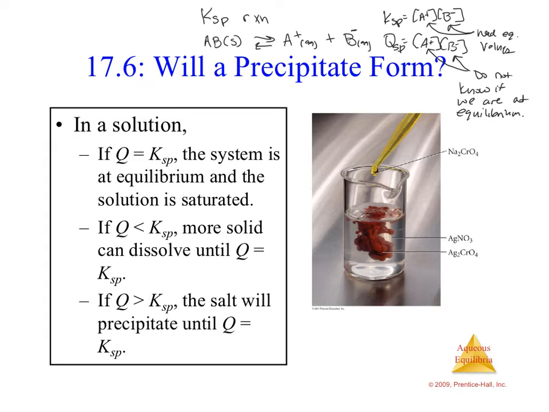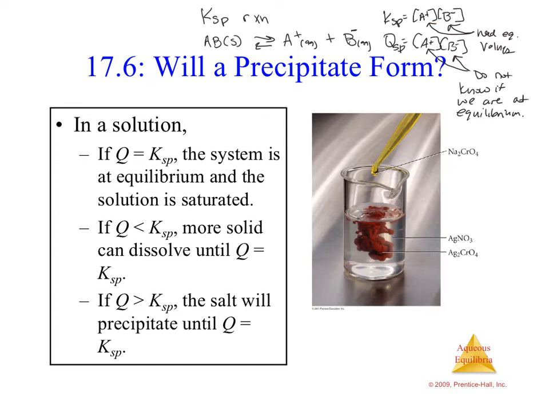And remember that KSP talks about when you multiply these together, that gives you the definition of a saturated solution. So the solution is holding as many of these aqueous ions as possible. So if you have a saturated solution and you added more AB, it wouldn't dissolve, it would precipitate out on the bottom of the beaker.